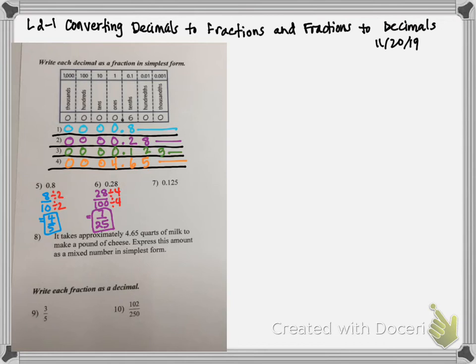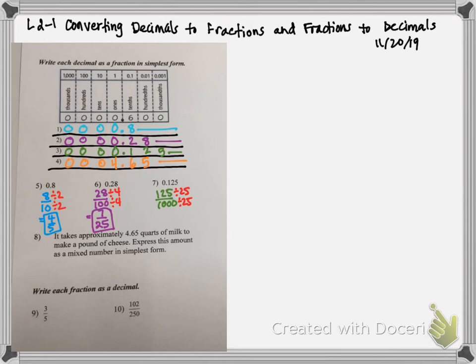And that was 125 thousandths. So 125 over 1,000. Now, both of these numbers are divisible by 25, so any number that ends in a 25 or double zeros is divisible by 25. We may have more we can divide out, but let's just see what we end up with.